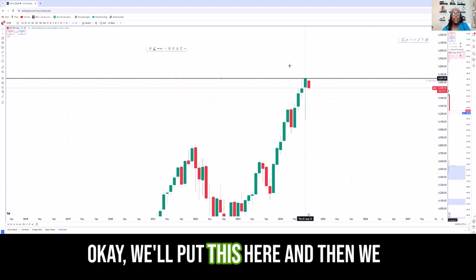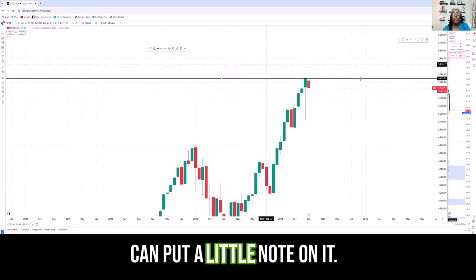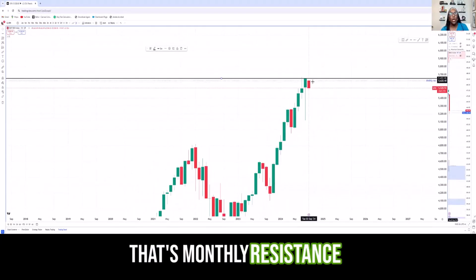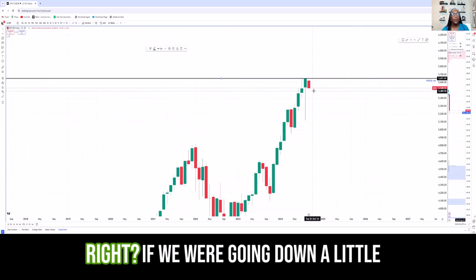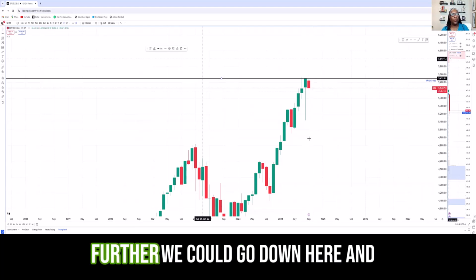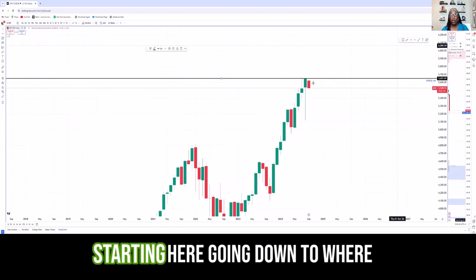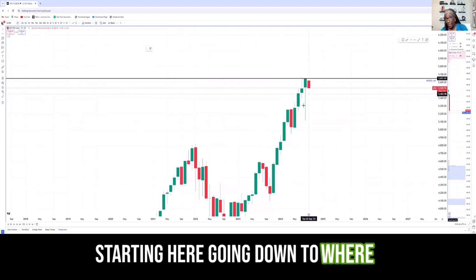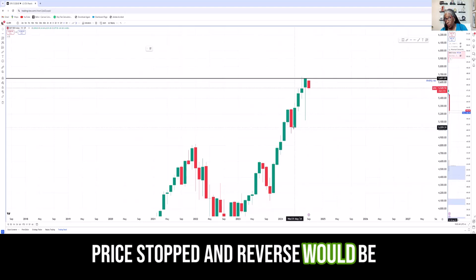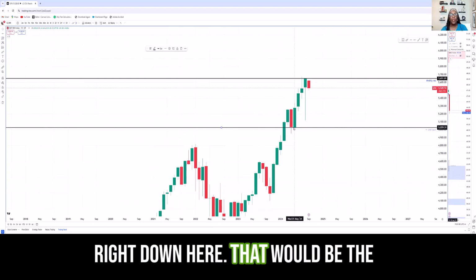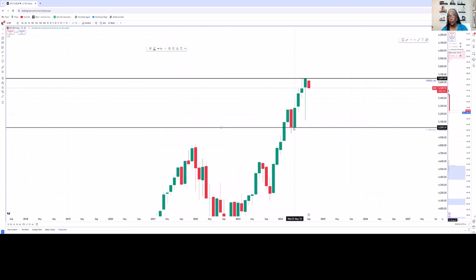I'm going to put this here and then we can put a little note on it. That's monthly resistance, right? If we were going down a little further, we could say, okay, this would be starting here, going down to where price stopped and reversed, right down here. That would be the first one we come to.